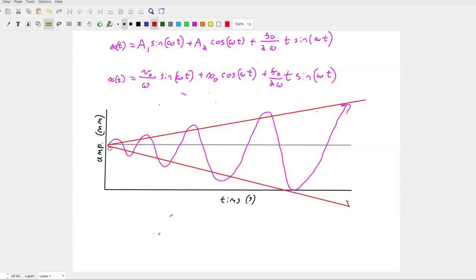My attempt to draw a straight line. You have these bounding terms that are F naught over 2 omega t. And technically you'll have negative F naught over 2 omega t. And those will continue to grow indefinitely.